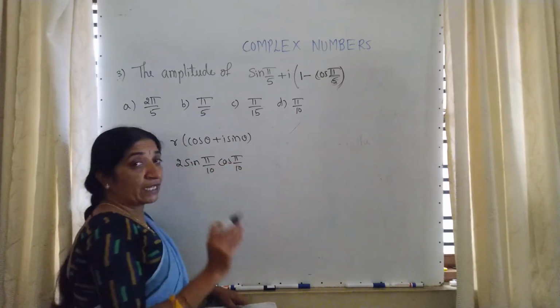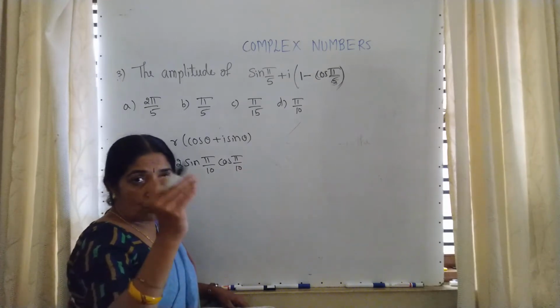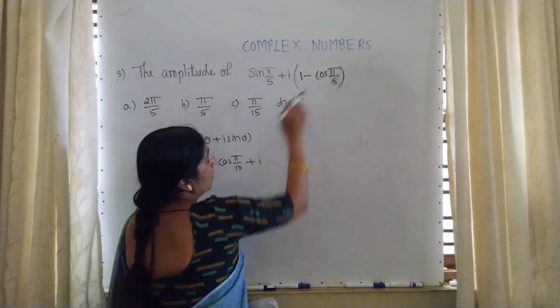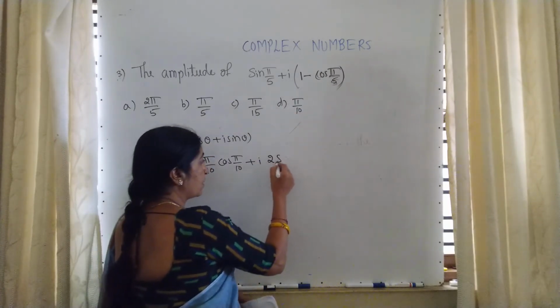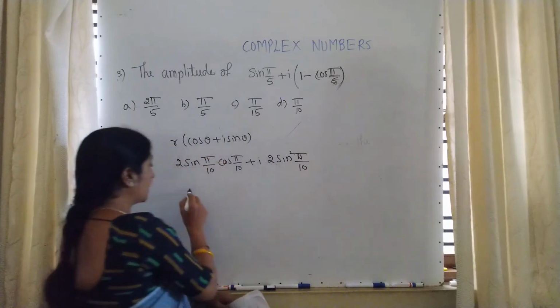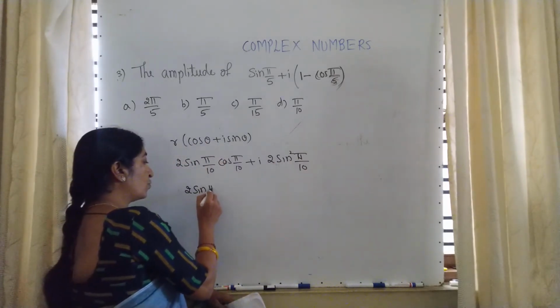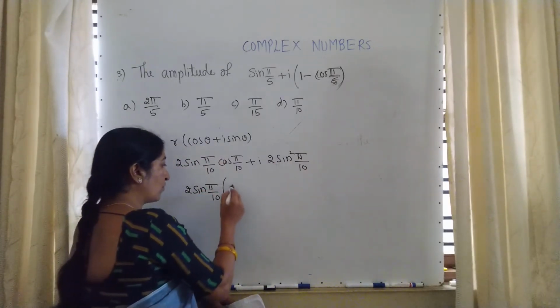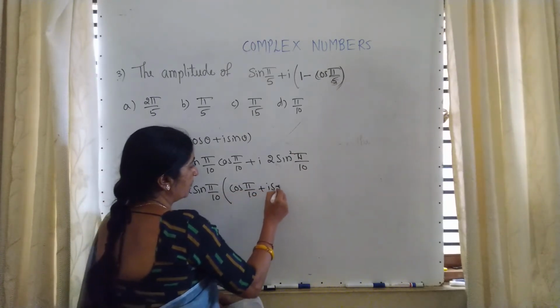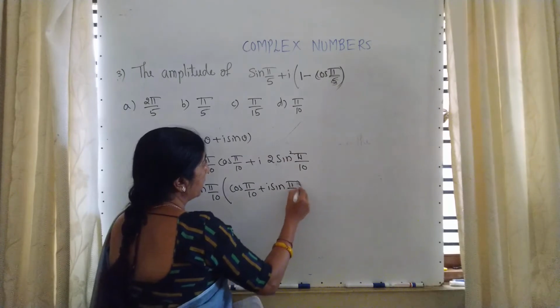Which formula? Sin theta is 2 sin theta by 2 into cos theta by 2, plus i, 1 minus cos theta is 2 sin square theta by 2. Theta by 2 means pi by 10. What is common? 2 sin pi by 10 is common. In the bracket, cos pi by 10 plus i sin pi by 10.